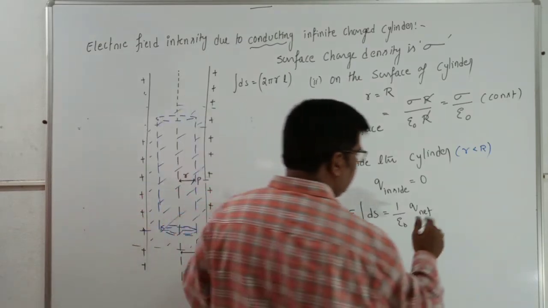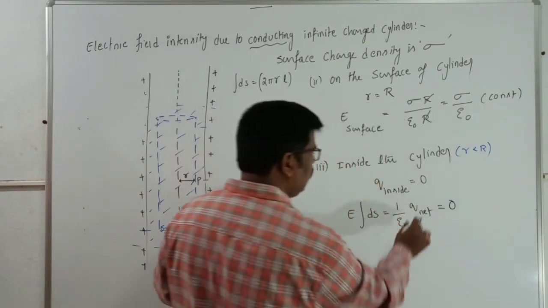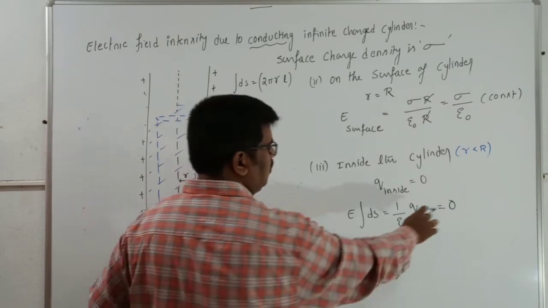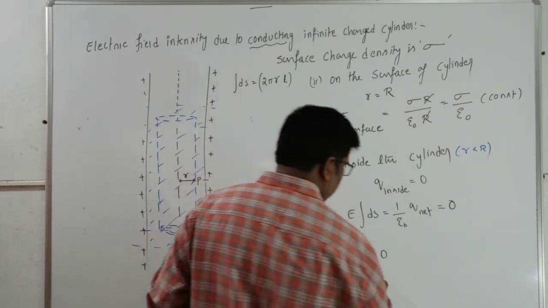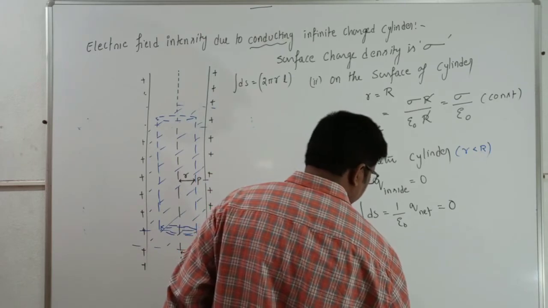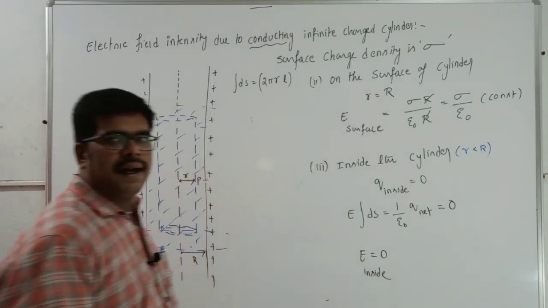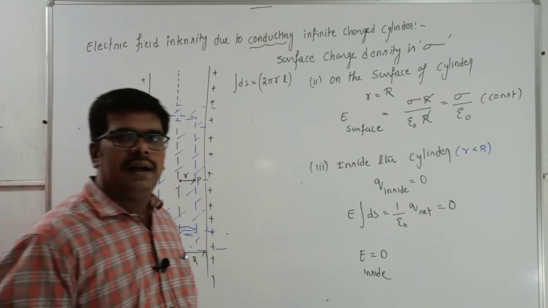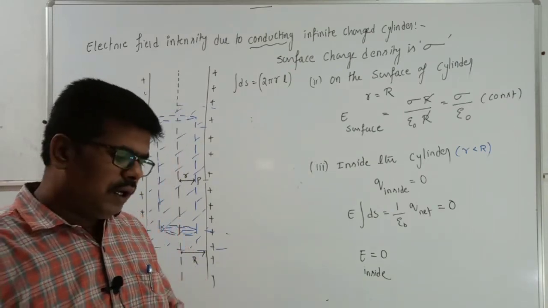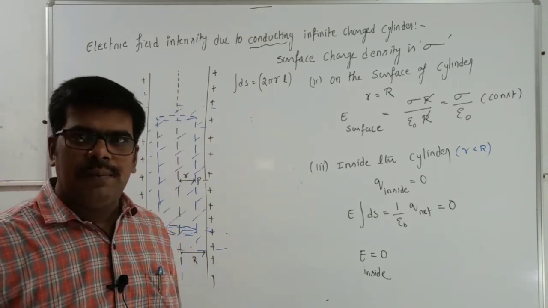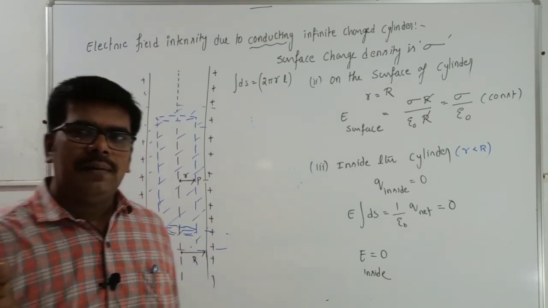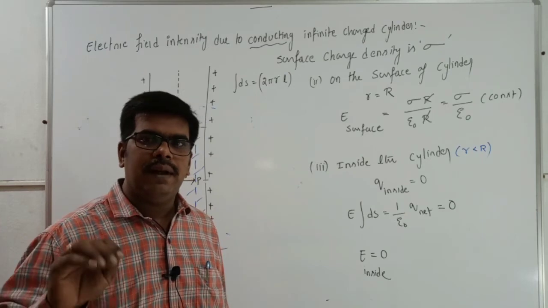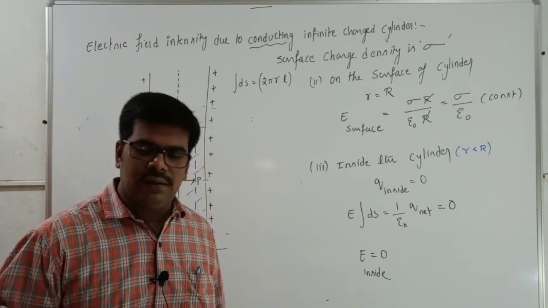Then what will happen here? On the right hand side Q net is 0, so this will be 0. Then the electric field intensity E is equal to 0. So inside the conducting cylinder the electric field intensity is 0. Whatever body shape you take, whether it is a cylinder or sphere or anything, for a conducting body the electric field intensity inside will be 0.